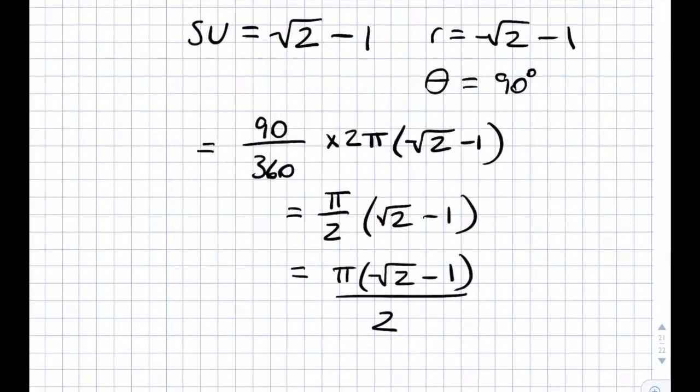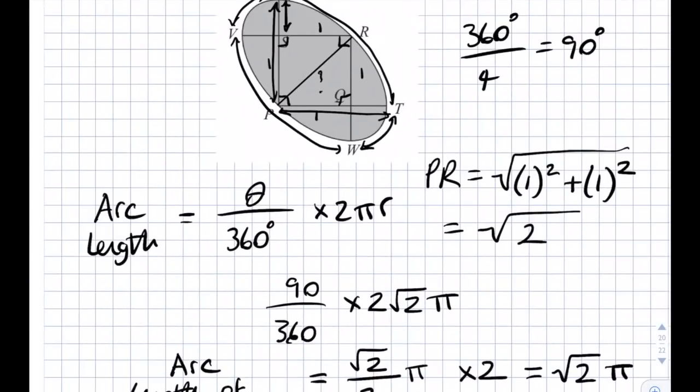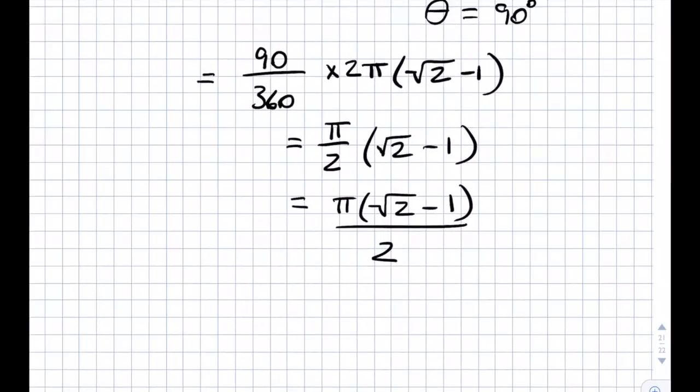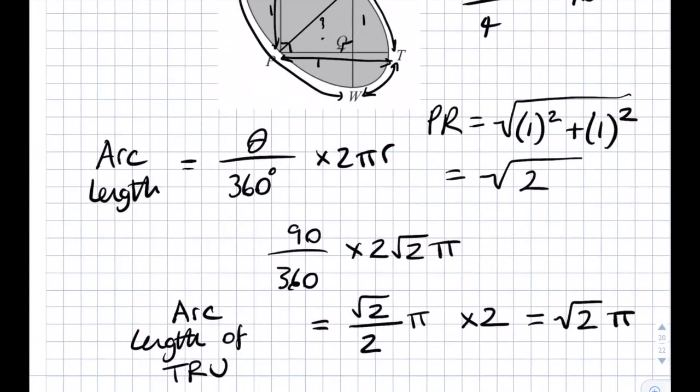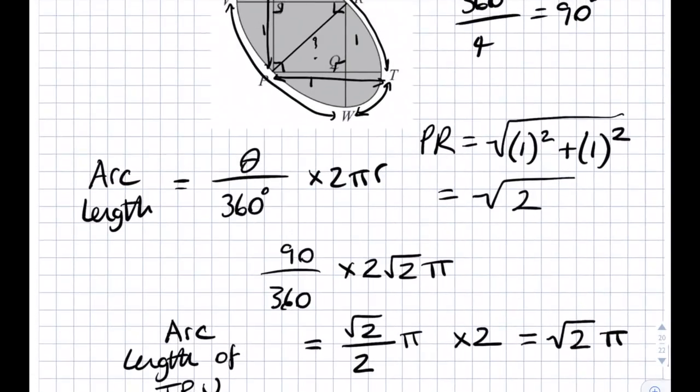We'll leave it in that form. The arc length of TW is also going to be the same, so to get the total of those two, we multiply by 2, which is going to be pi times root 2 minus 1.